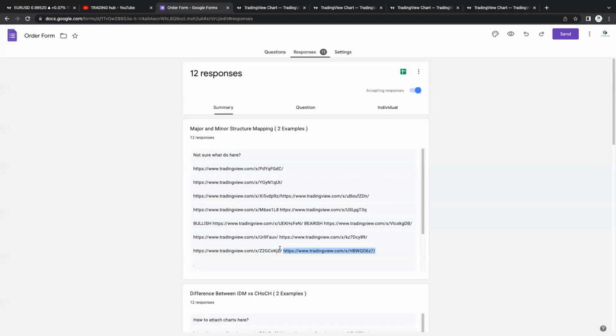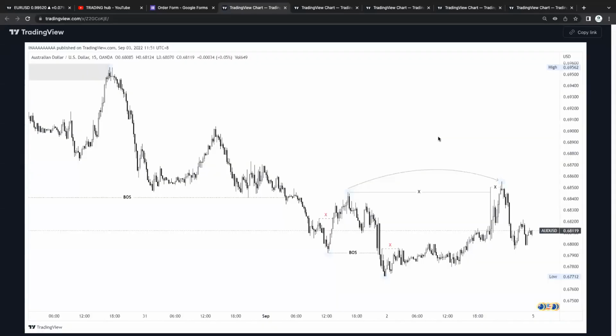All right, now let's see another one. Okay, break the structure, taking out the inducement, and what happened here?